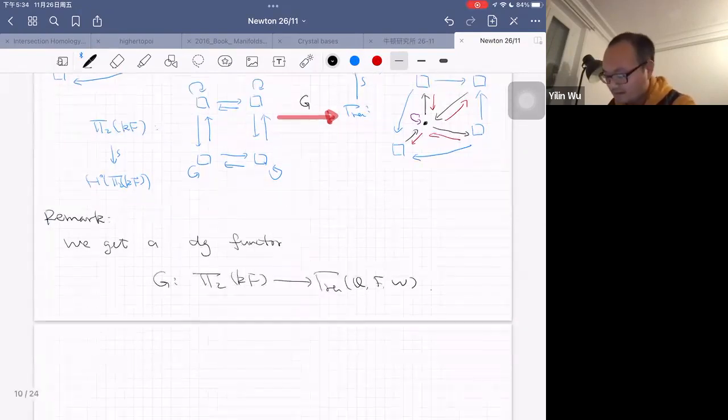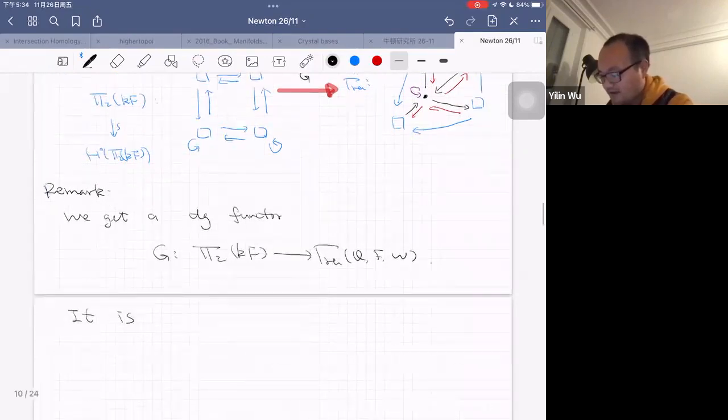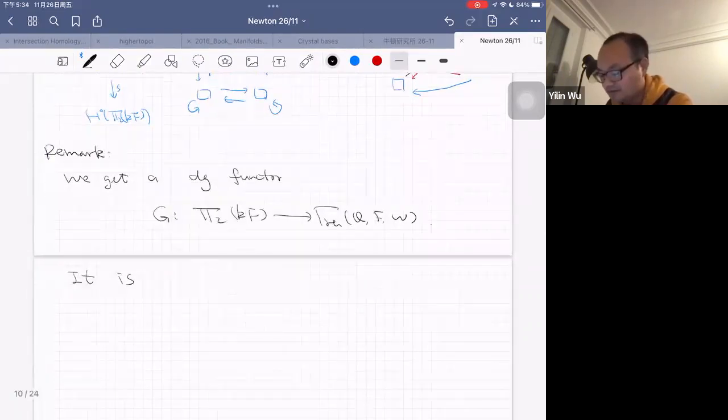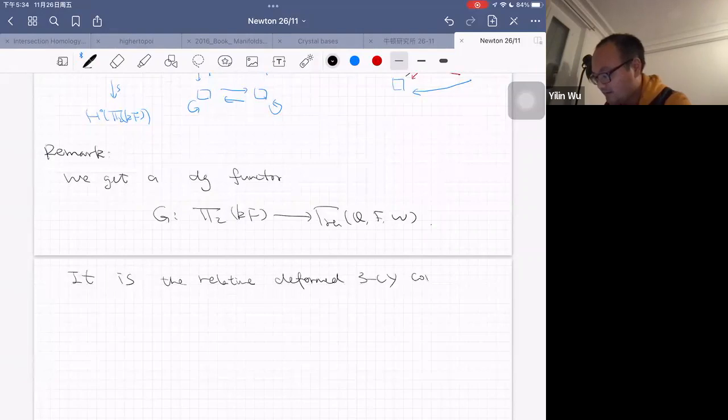This DG functor G is a relative deformed 3-Calabi-Yau completion of a DG inclusion, with respect to the potential.